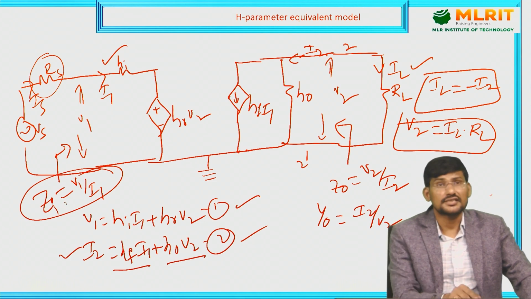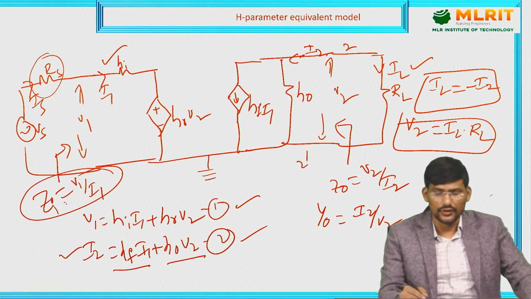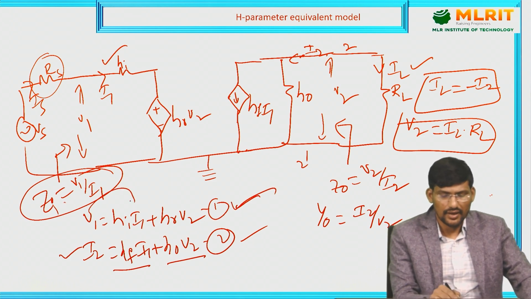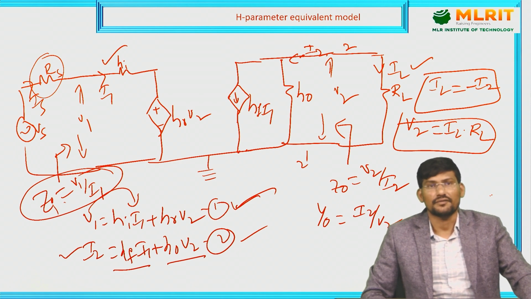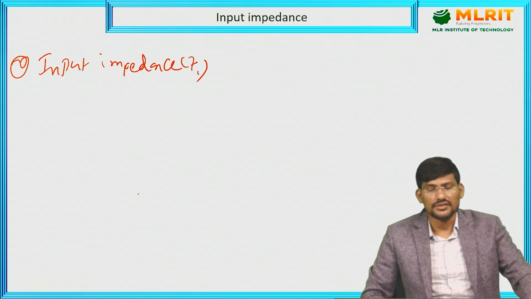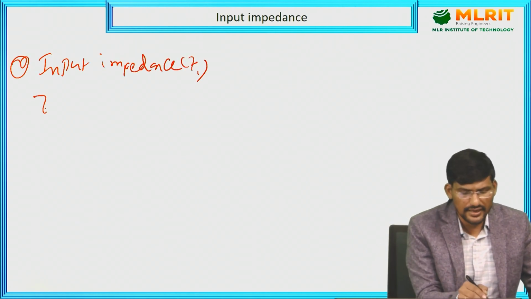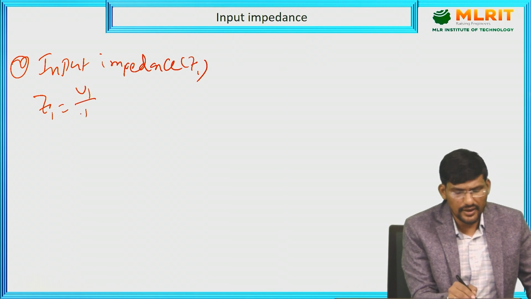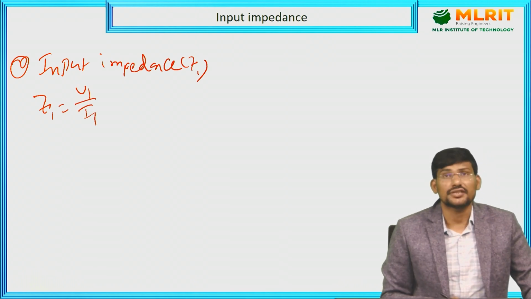For this input impedance, we need to consider the first equation. We have a relation between V1 and I1 in the first equation. For the input impedance, Zi is equal to V1 by I1.